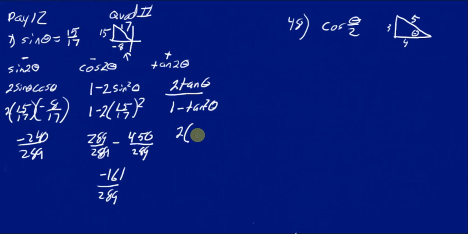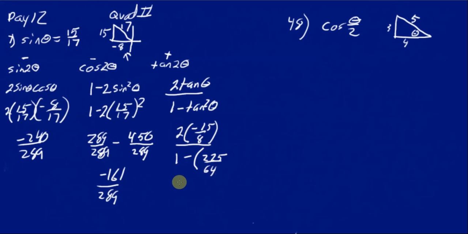The tangent of theta is the opposite over adjacent, so we're going to go with negative 15 over 8, all over 1 minus negative 15 over 8 squared, so it's going to be positive 225 over 64.